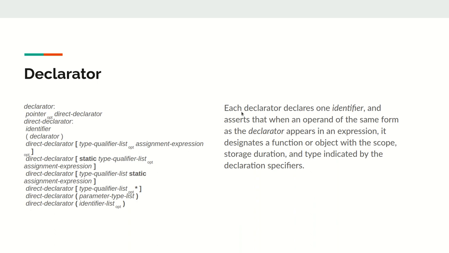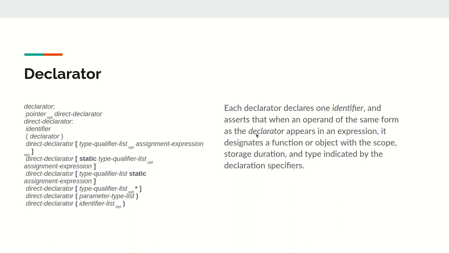Each declarator declares one identifier and asserts that when an operand of the same form as the declarator appears in an expression, it designates a function or object with the scope, storage duration and type indicated by the declaration specifiers. So scope, storage duration and type are all part of the declaration specifiers.